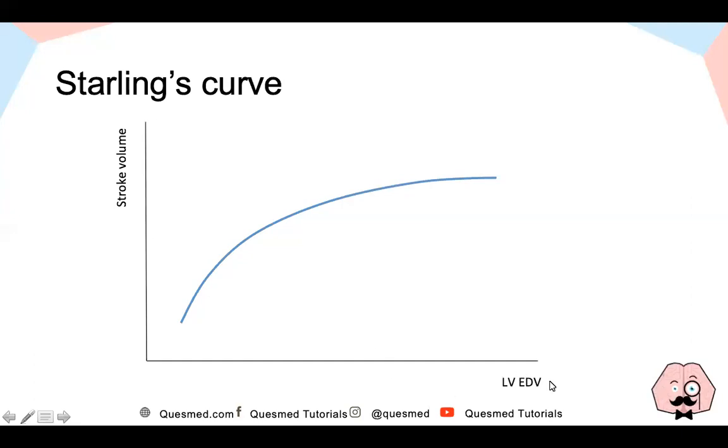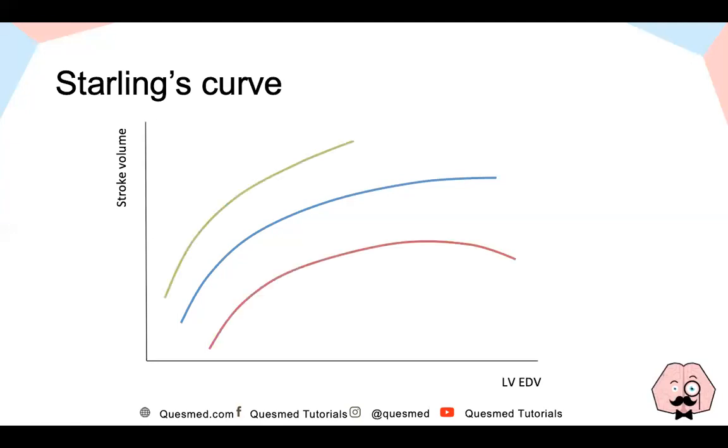As the left ventricular end diastolic volume increases, we can still reduce our left ventricular end systolic volume to a similar amount, and therefore the stroke volume can increase.